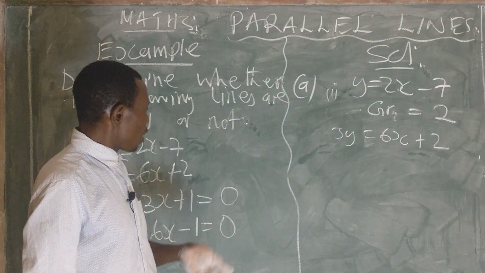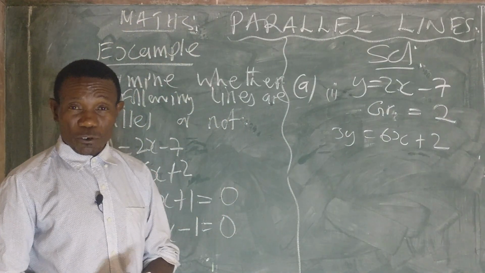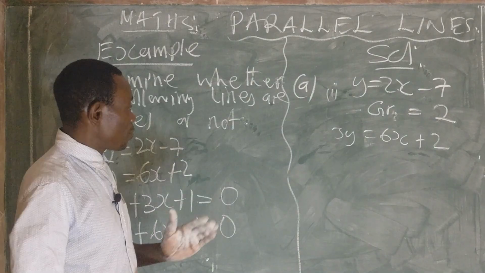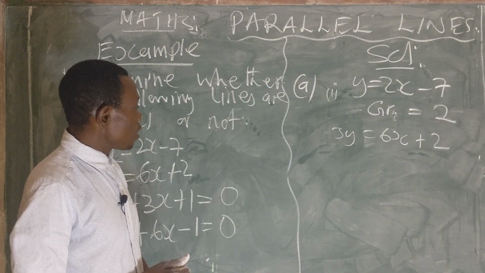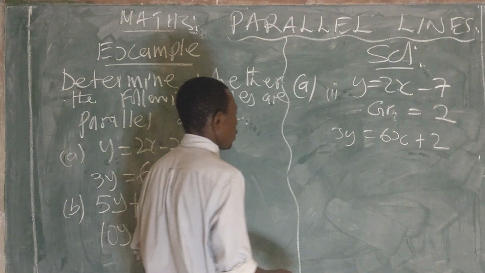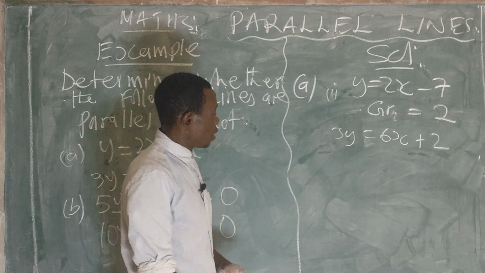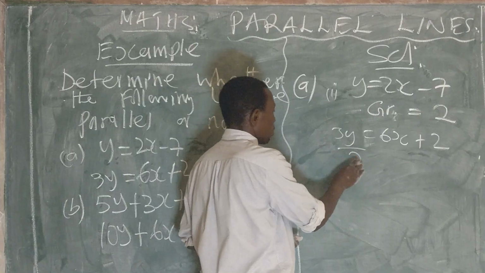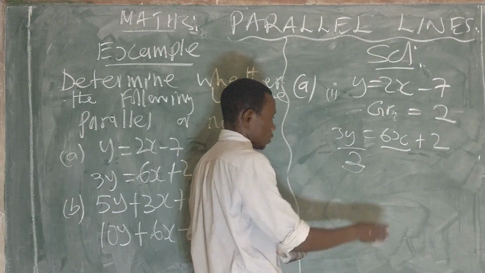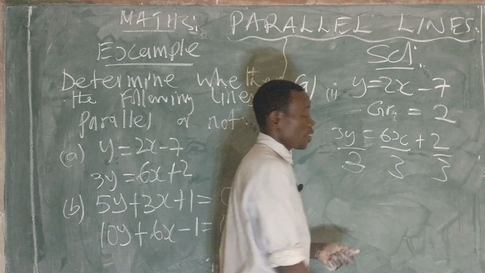So we need to make y the subject of the formula, or the subject of the equation. To do that, we need to eliminate the 3 and make y have a coefficient of 1. So we have to divide by 3 throughout. Here divide by 3, here again divide by 3.